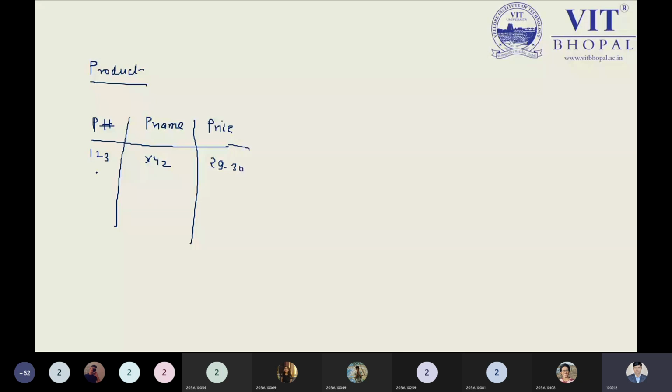Again, 456, PQR, price 39 rupees 40 paisa. And the third value, 789, ABC, a very low price, 11 rupees and 40 paisa. So this is our overall structure.